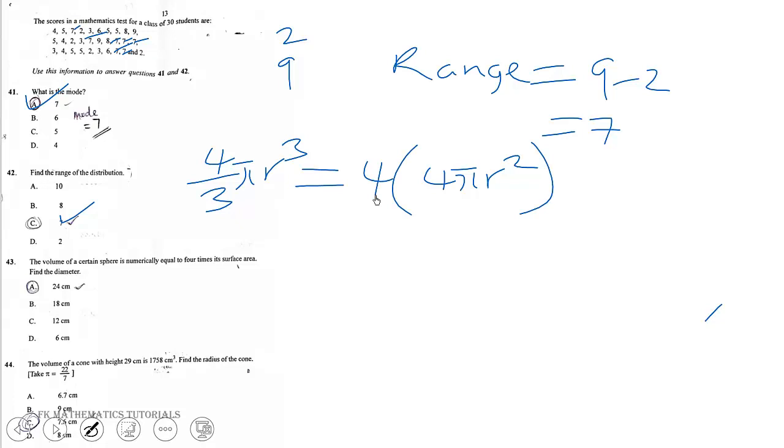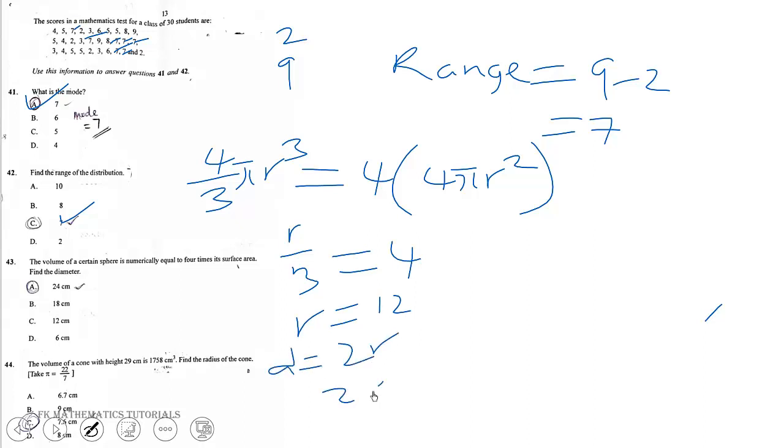So we can solve this. Dividing through by 4 pi r squared, we have r over 3 is equal to 4. So r will be equal to 12. So the diameter will be 2r, which is equal to 2 times 12, and that will be equal to 24 centimeters.